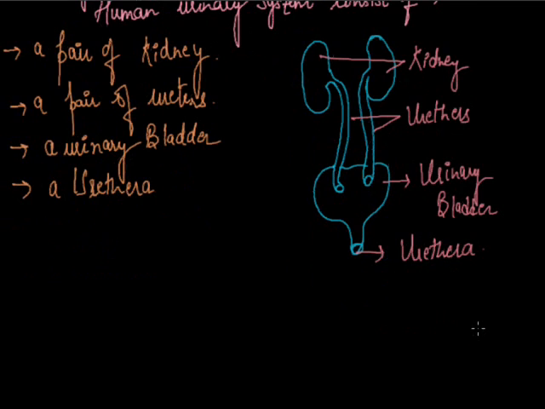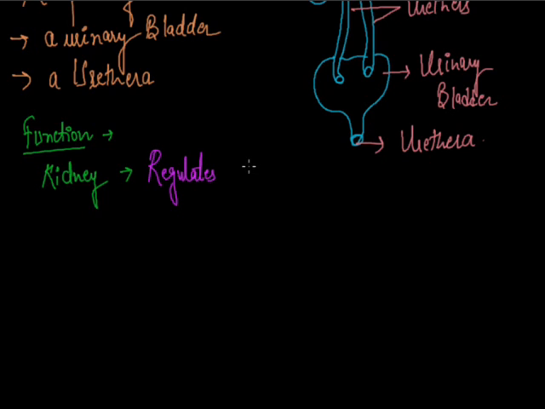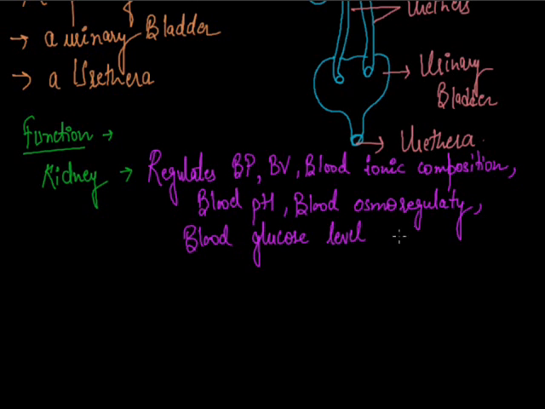Now, if we talk about the function of all these parts, the function of the kidney is that it regulates blood pressure, blood volume, blood ionic composition, blood pH, blood osmolarity, blood glucose level, and excretes waste.